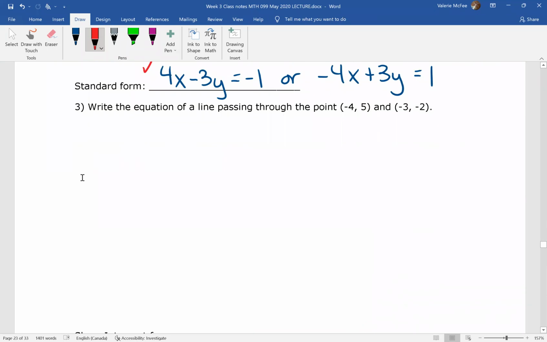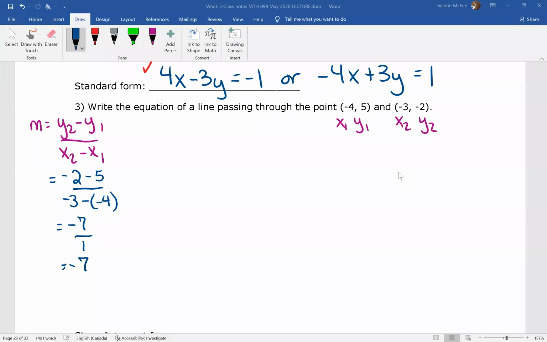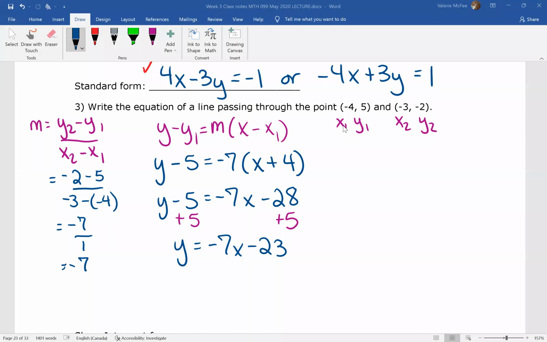One more. Pause your video. Try this on your own. Did you find the slope is negative 7? If not, check your work. Pause the video, keep working. Remember again, it doesn't matter whether you use negative 4, 5 or negative 3, 2.